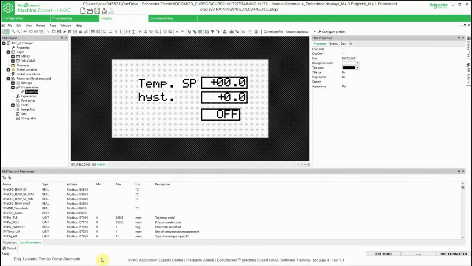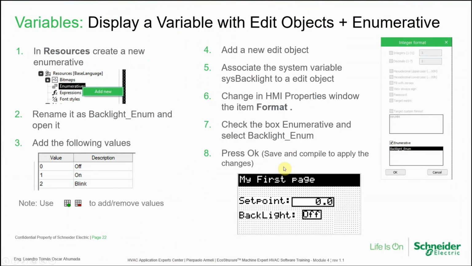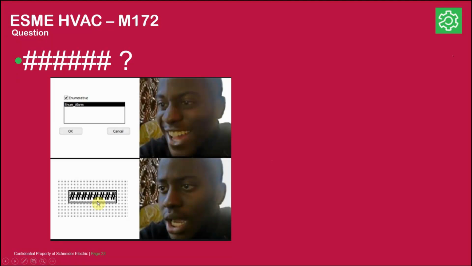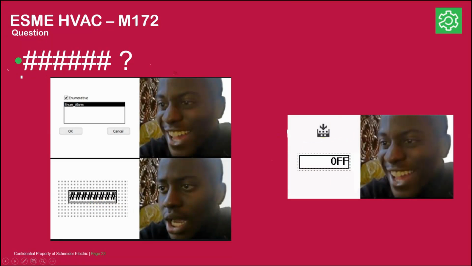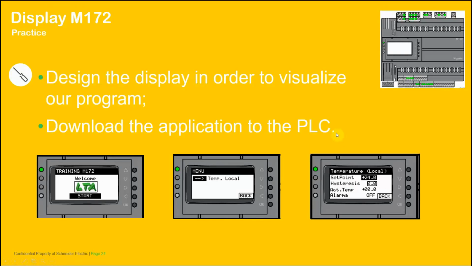Let's proceed on the presentation. Okay, we have the enum. This, don't be scared about this part. We just need to compile everything, compile all. We see. So now it's your turn to create this navigation. This is an example, but try to move all the variables from the PLC part that we have to control everything to the display.